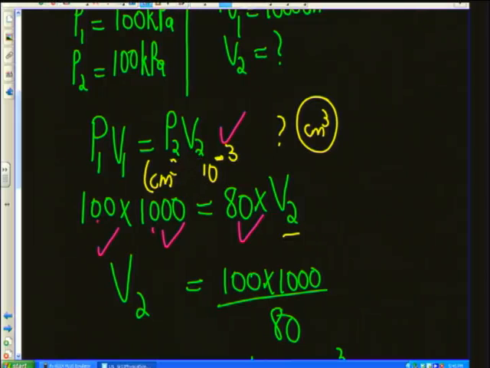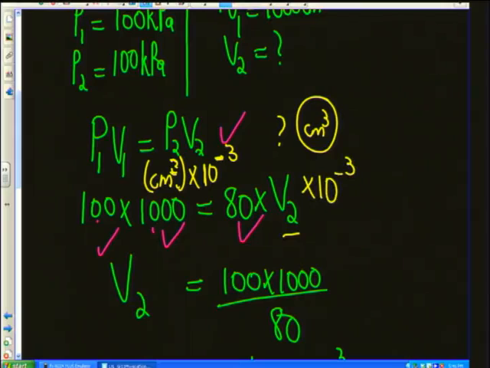So you are changing these cubic centimeters into dm cubed, either by dividing by 1,000 or by multiplying by 10 to the power minus 3. This is the same as dividing by 1,000. This side, you are also going to multiply by 10 to the power minus 3.